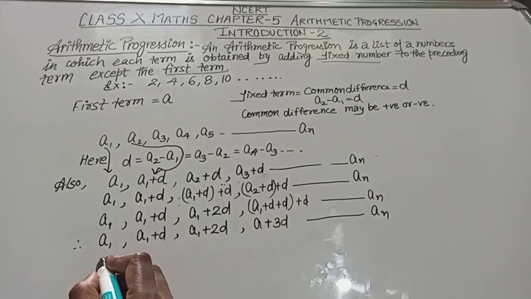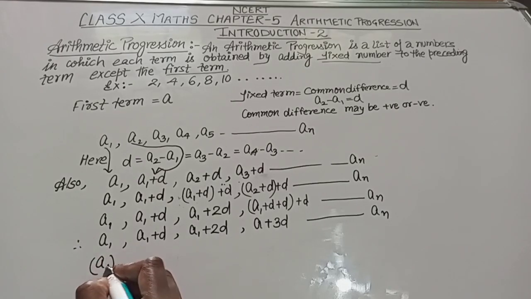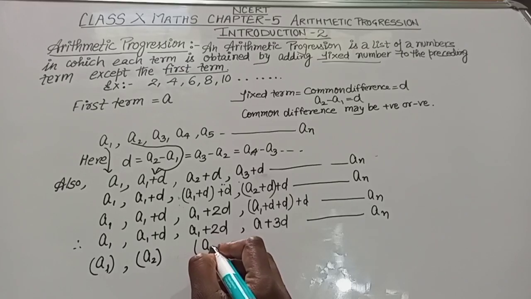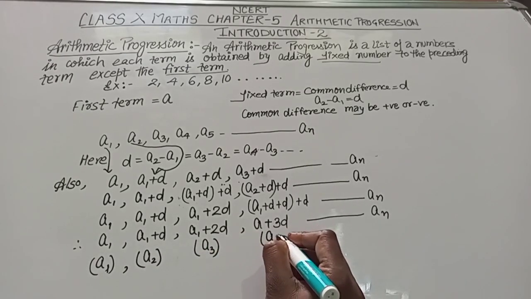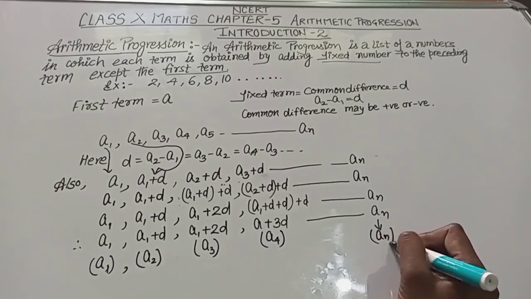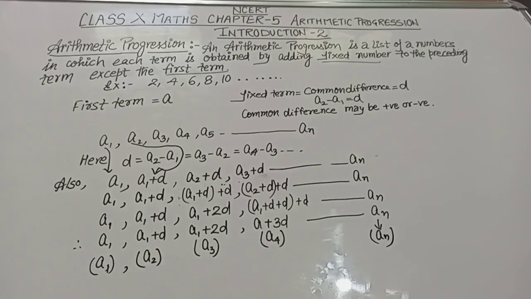So this is A1, this is A2, this is A3, this is A4, and this is AN.